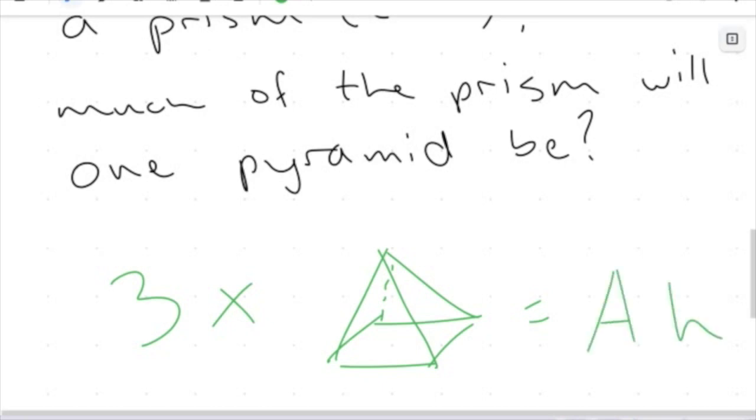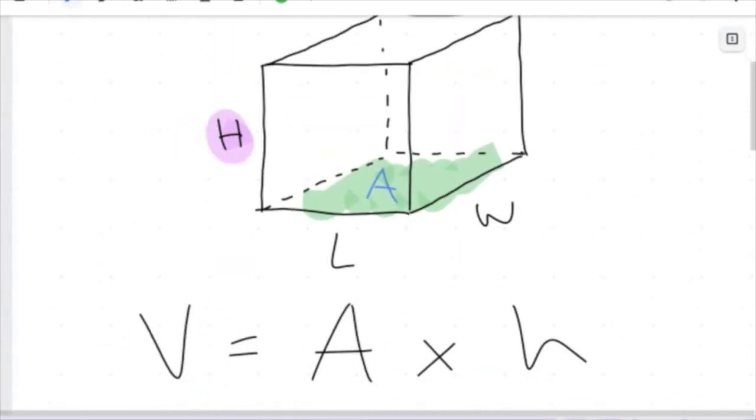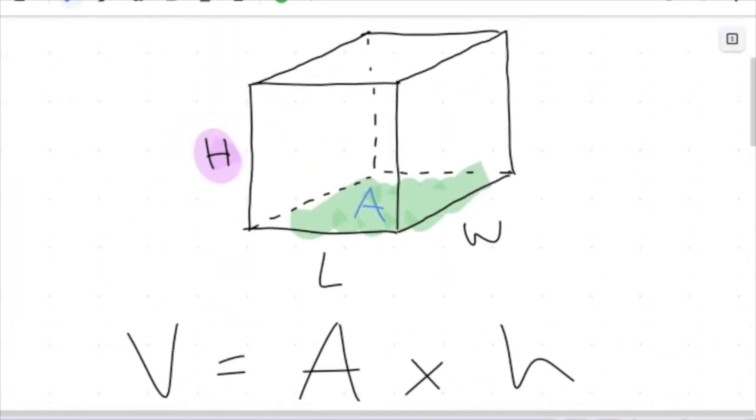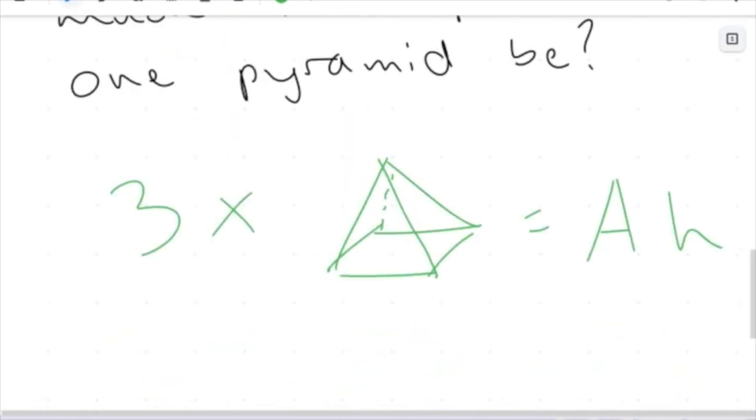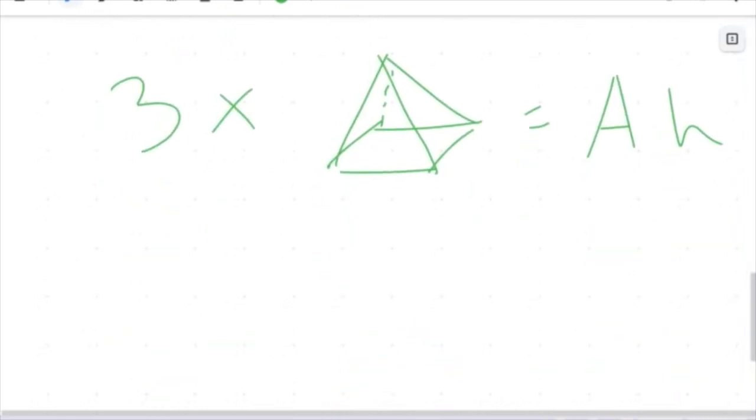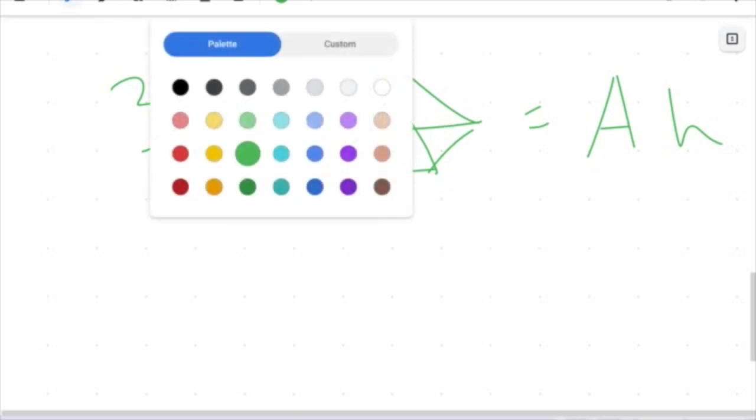So three of my pyramids construct together to make a cube in this case, which the volume I get for that is my cross-sectional area or my base area times the height. So if three lots of a pyramid make up that volume, then one pyramid makes up a third of that volume. And we can actually even show this in an equation.